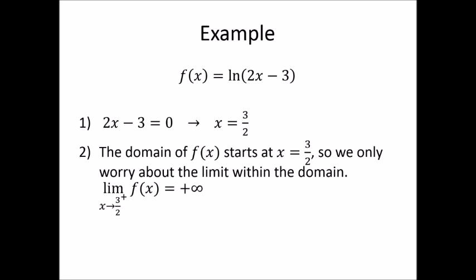That's a fact that I want you to simply memorize: the limit of a logarithm as the value inside the logarithm goes to 0 is positive infinity. Just memorize it. So you can conclude that there is a vertical asymptote at x equals 3/2, and as the function approaches 3/2 from the positive side of the number line, it goes upwards to positive infinity.